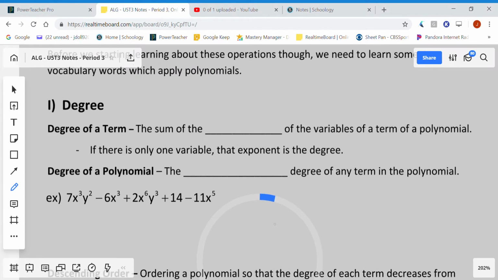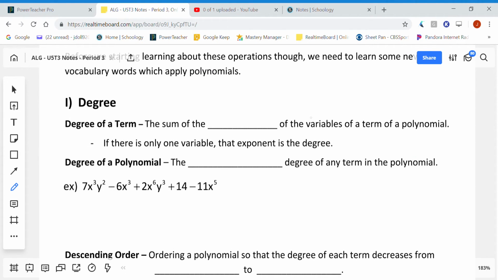The word degree. Now, we've probably heard the word degree before. It's an antiperspirant. Temperature degrees, angle measures degrees. So we're going to throw one more new definition in there for the word degree. When we use the word degree and we're talking about our polynomials, we are talking about the sum of the exponents of the variables of a term of a polynomial.